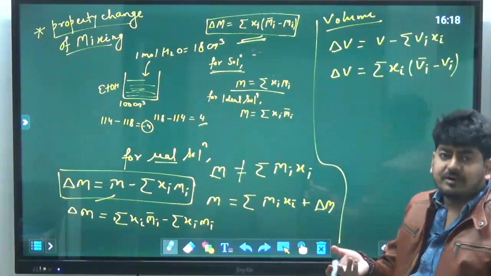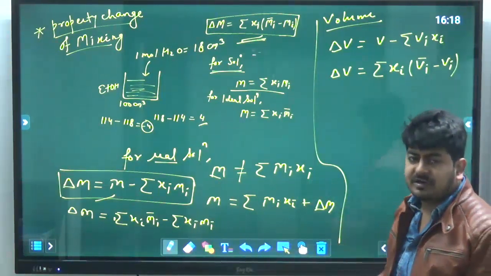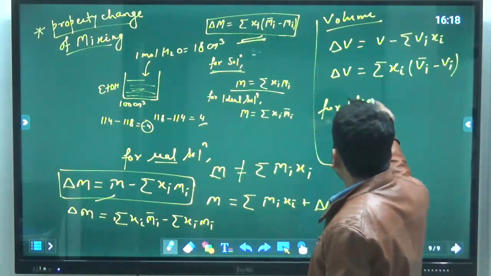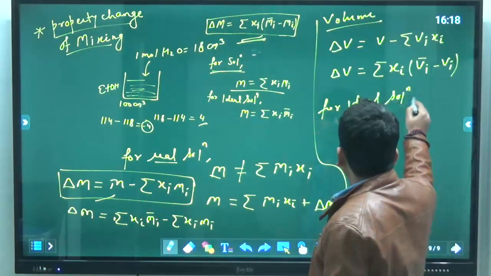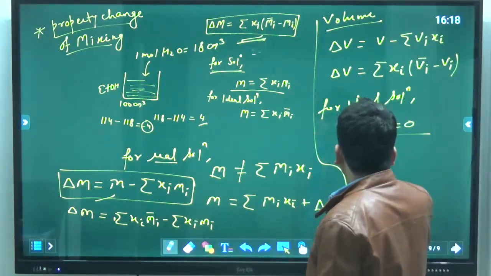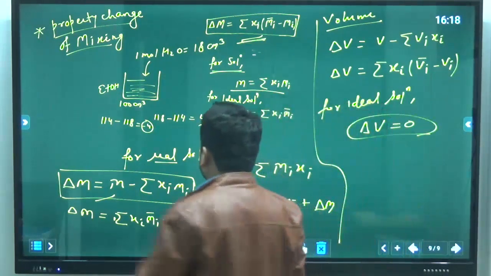And here, as you can see, for an ideal solution the partial molar property of the component and its molar property will be the same. So for ideal solution, delta V will be 0.